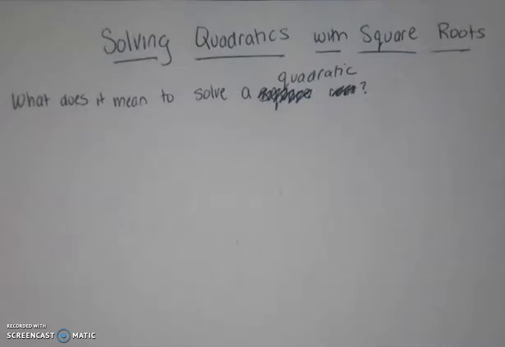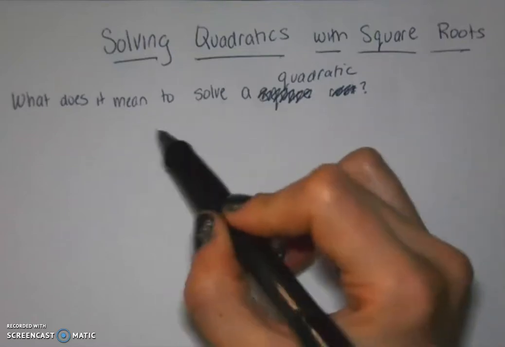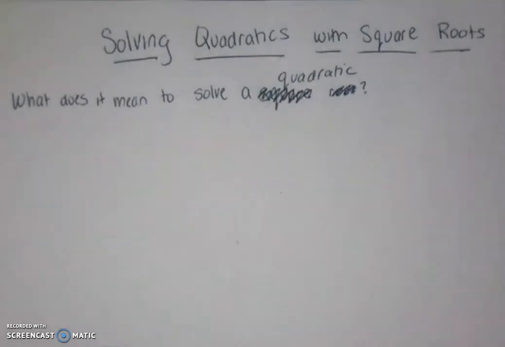In this video, we are going to talk about another way to solve a quadratic function. So the first thing I ask is, what does it mean to solve a quadratic?